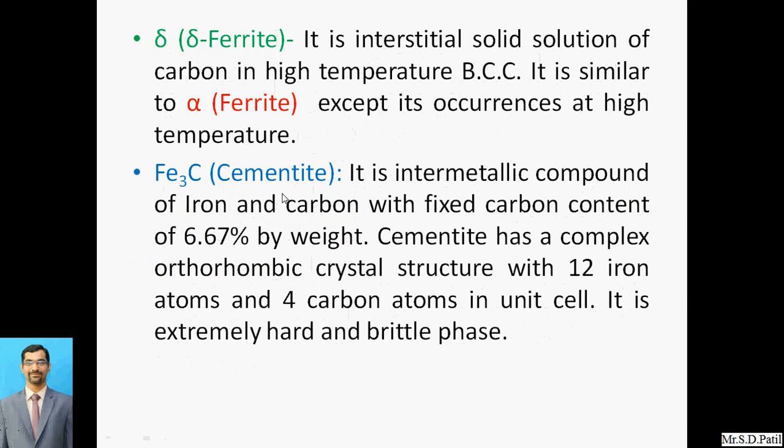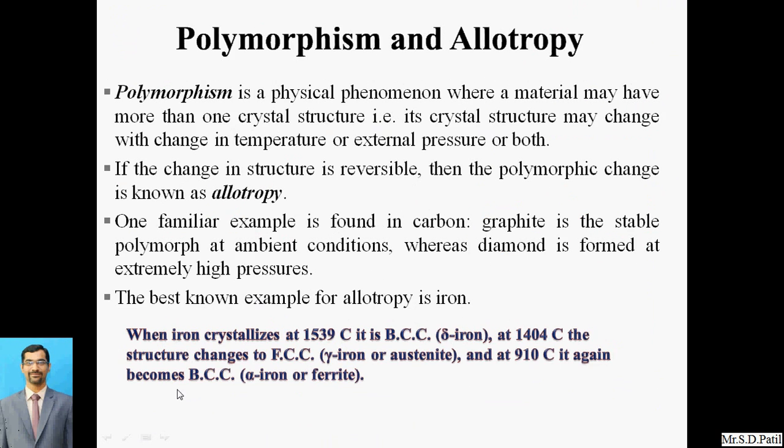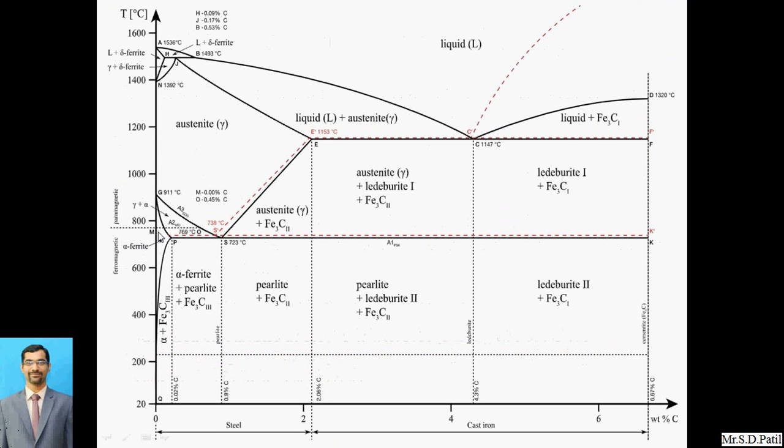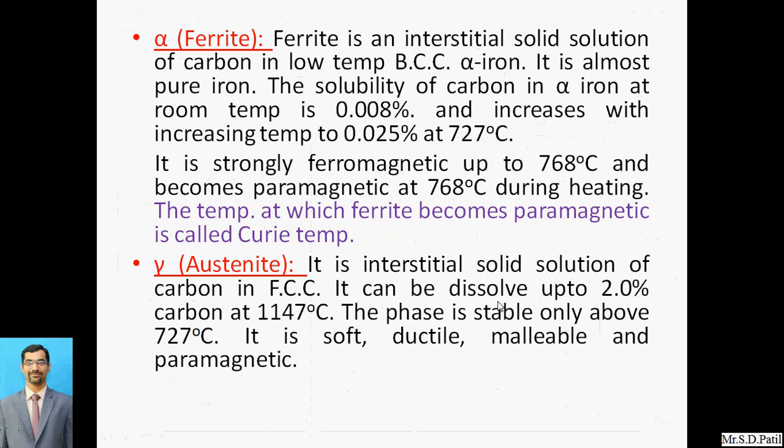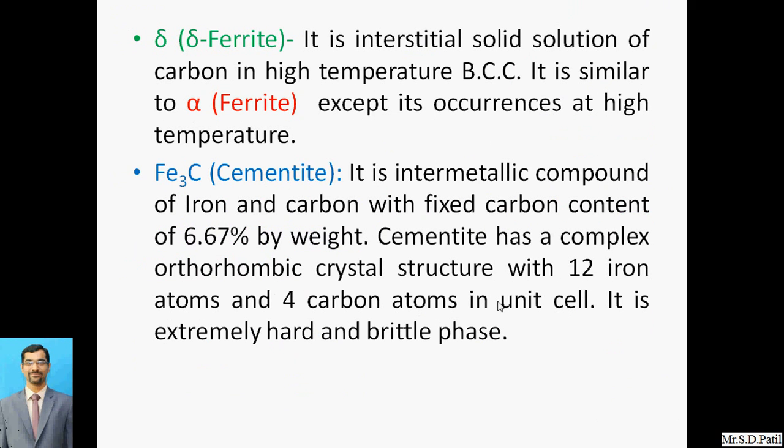The last is the cementite phase. Here we have explained this will be alpha ferrite, this will be austenite, this will be delta ferrite, and this will be cementite. Cementite is Fe3C.